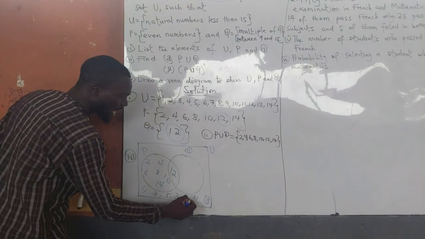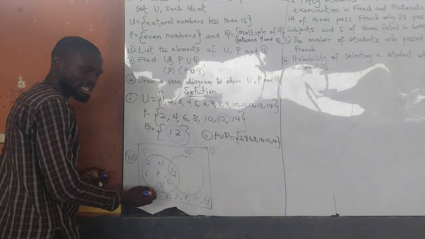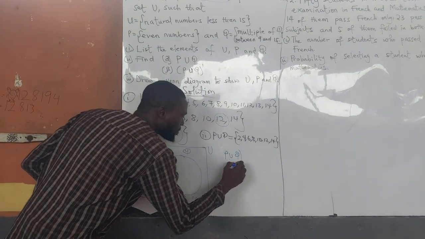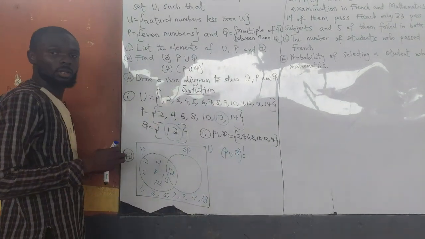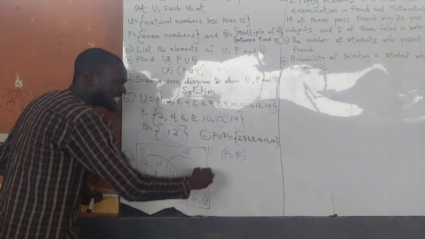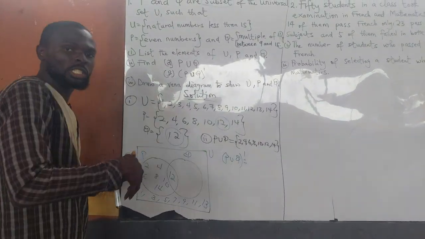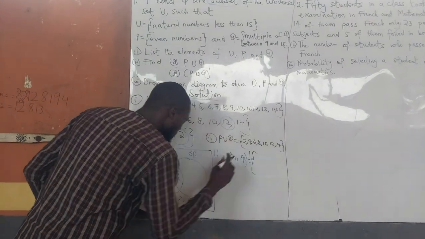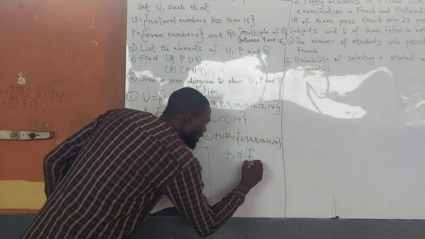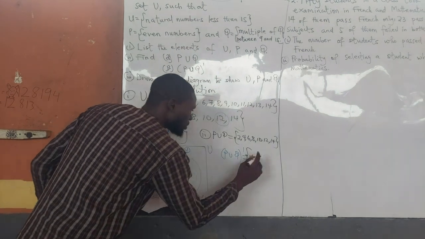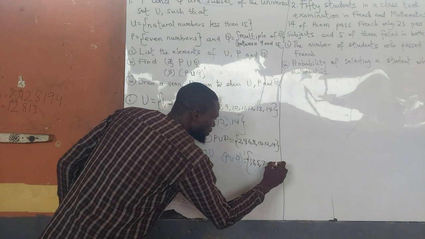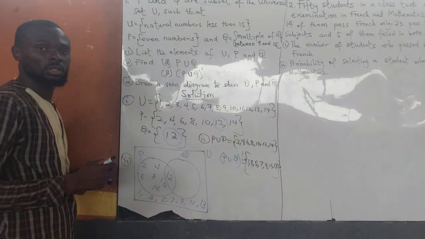So these are the complements. Now these complements are the same as the P union Q prime. So when you have to list them, you just list these ones: 1, 3, 5, 7, 9, 11, 13.